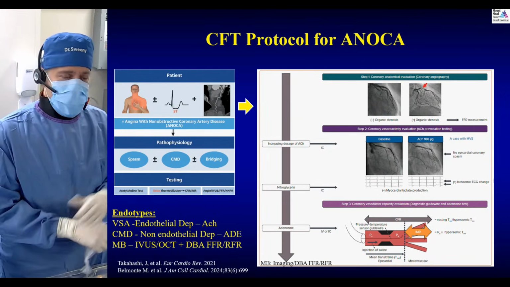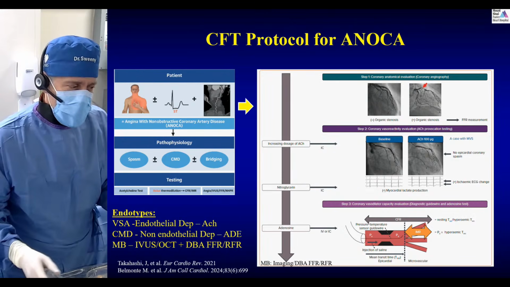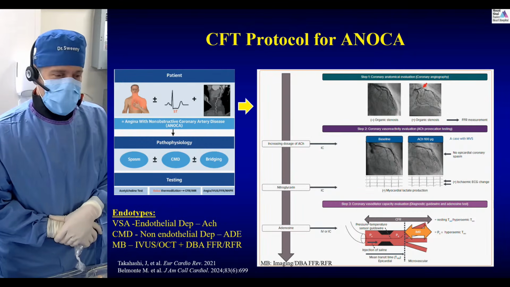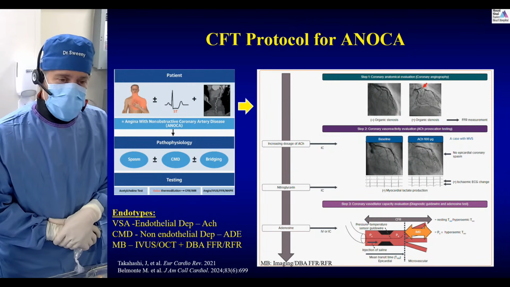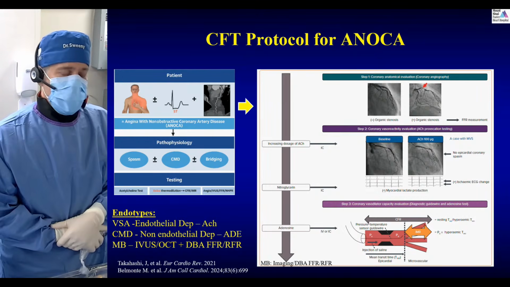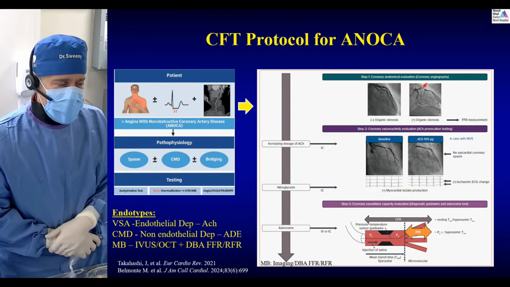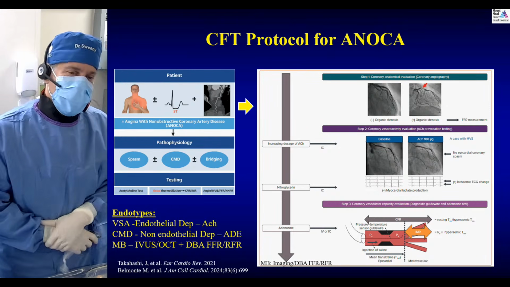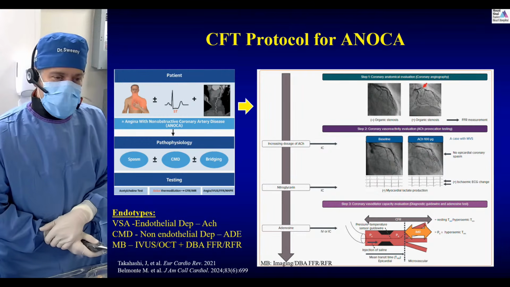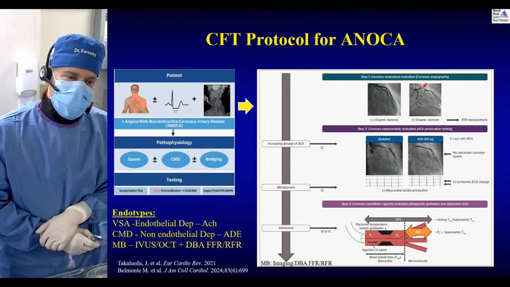We do that through serial dilutions of acetylcholine, and then we reverse it with nitroglycerin, and then we proceed with our non-endothelial dependent mechanism testing with adenosine. We induce hyperemia, and then we drop down a coronary flow wire, which measures our transit time of the coronary flow at rest and with hyperemia. That allows us to test the microvascular resistance. And then if there's any evidence of angiographic bridging, we would proceed with imaging and then doing dobutamine FFR or RFR.